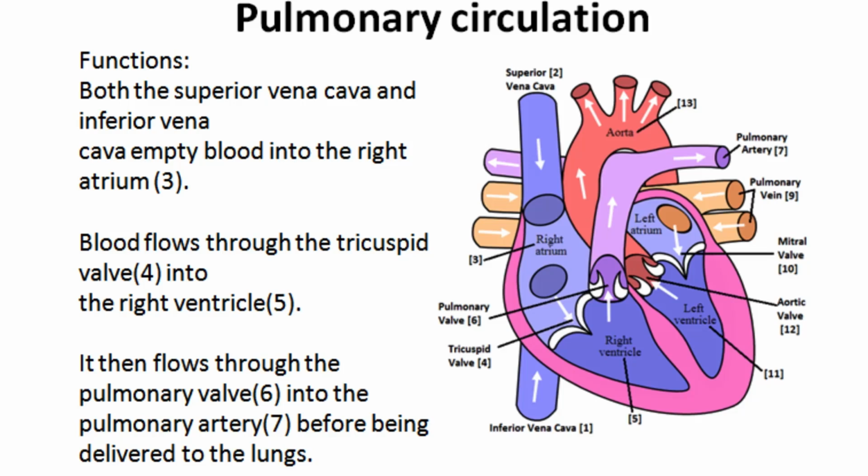I have mentioned here pulmonary valve 6. Right ventricle is 5, pulmonary valve is 6. It then flows into the pulmonary artery, that is 7, before being delivered to the lungs.